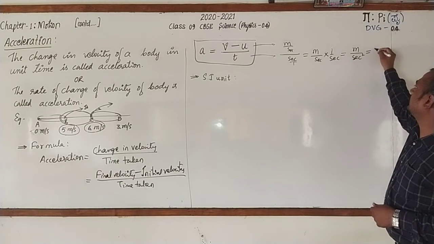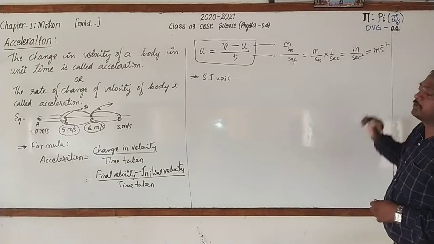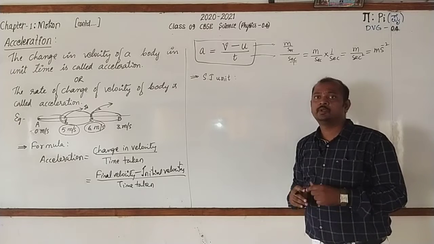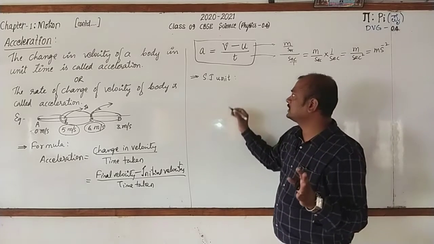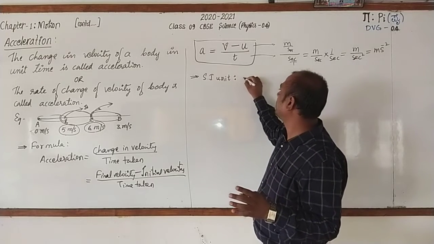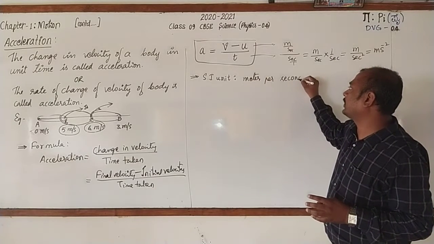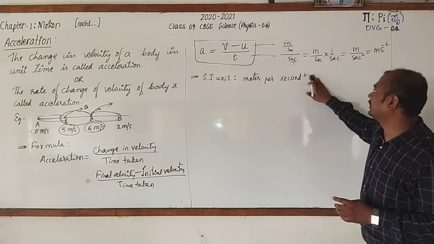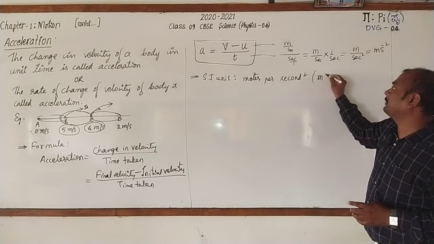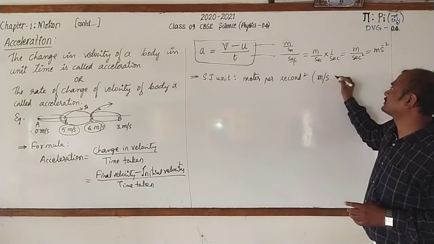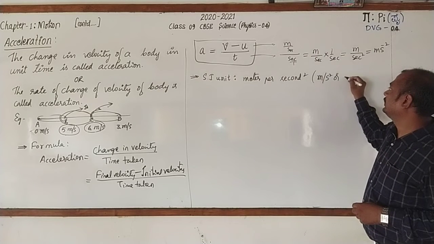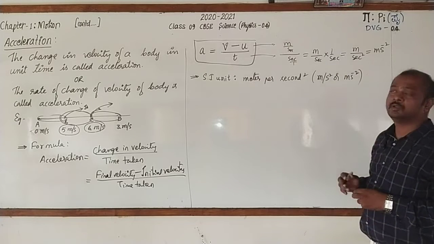Clear? Symbolically, it can be written as m s raised to the power minus 2. Got it? So this is the SI unit. SI unit is meter per second square, or symbolically, m/s², or m s raised to the power minus 2.